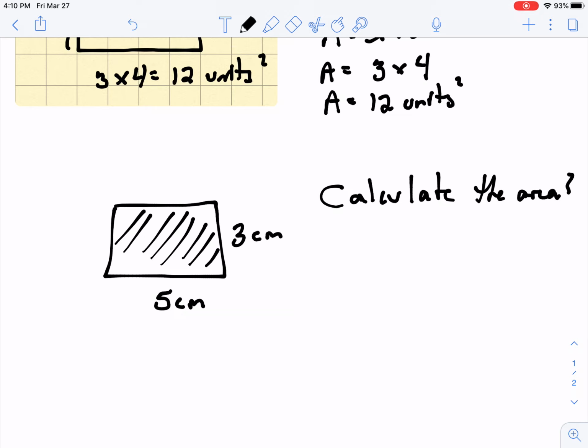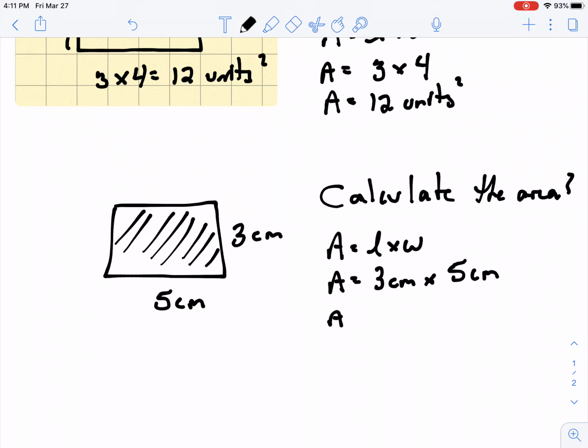So again, anytime we look at the shape and say, hey, this is a rectangle, I want us thinking that the area for a rectangle is simply length times width. This one I'd be saying, hey, my length looks like it's 3 centimeters and my width looks like it's 5 centimeters.